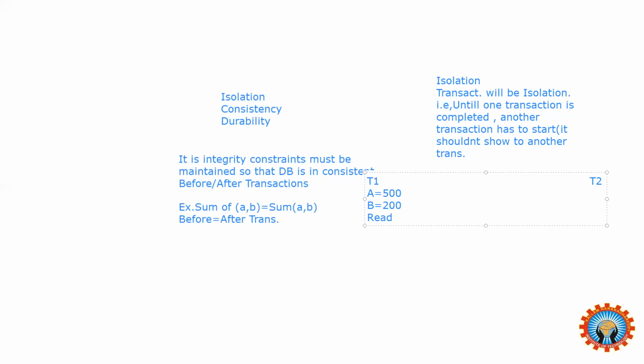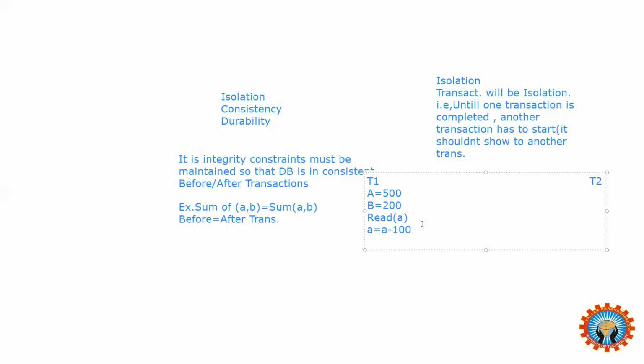Now you are doing read of A, so automatically 500 will be read for account A. After that you are doing A minus 100.